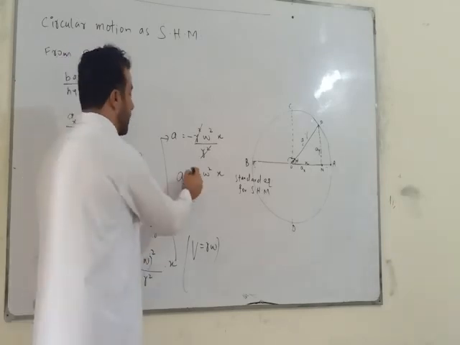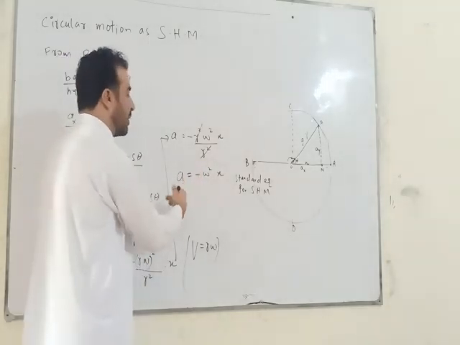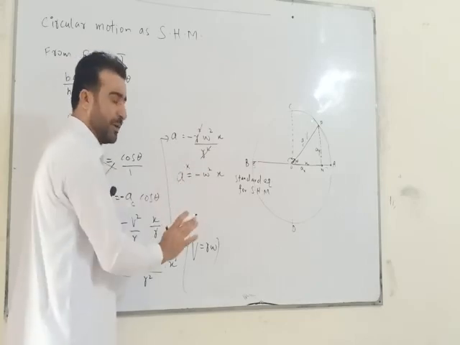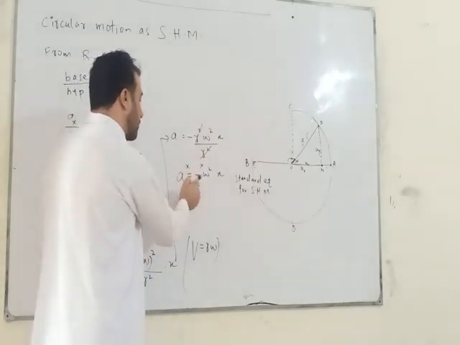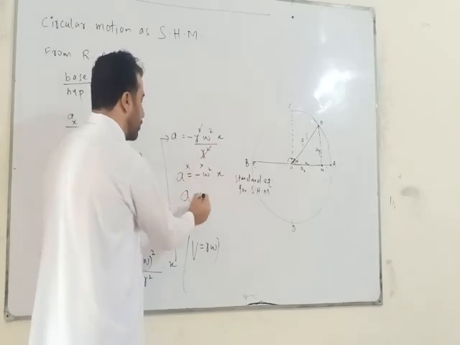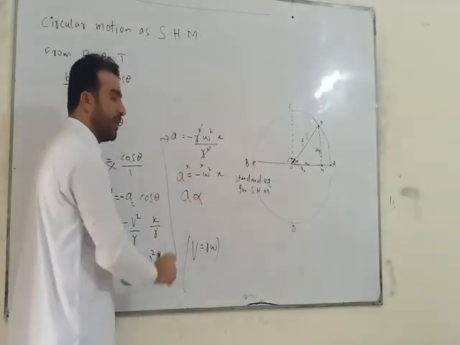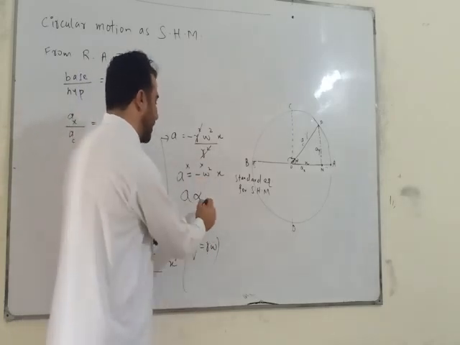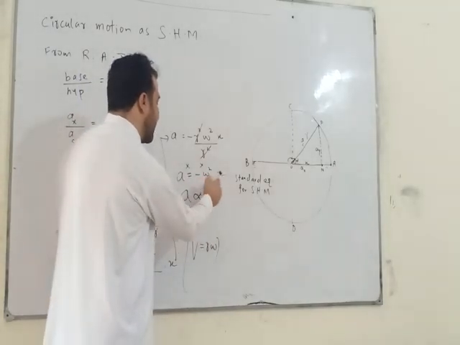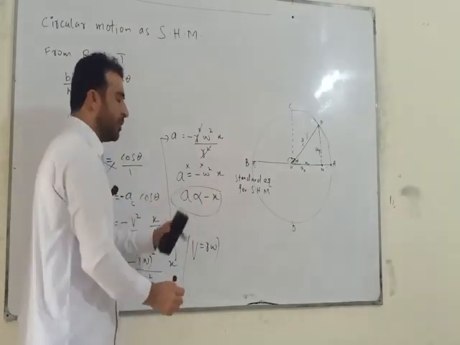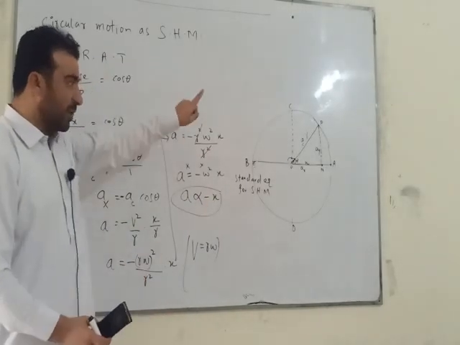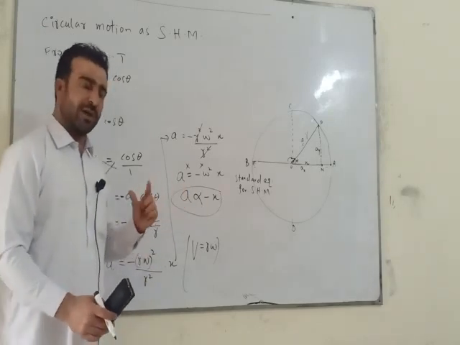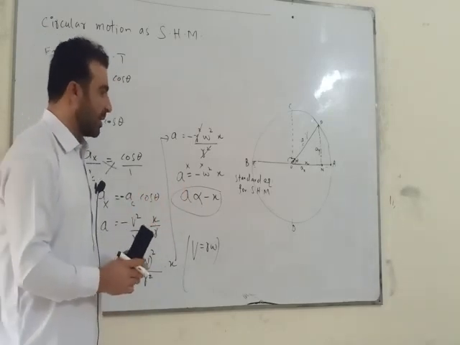Now, to convert equality into proportionality, the constant disappears, and we are left with minus x. So it is proved that the projection of circular motion executes simple harmonic motion.